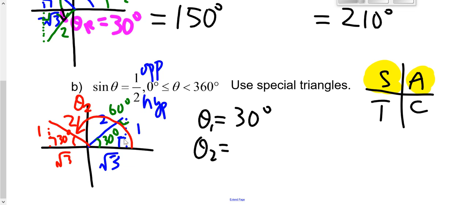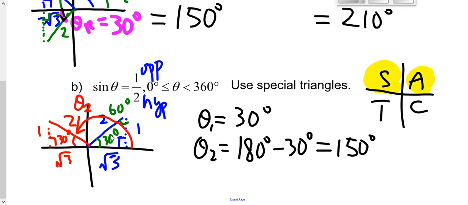What is the angle from here all the way to here? It is 30 degrees short of 180 degrees. So you do 180 minus 30, and that gives you 150 degrees, because 150 plus 30 gives you 180. So my theta 2 is 150 degrees.